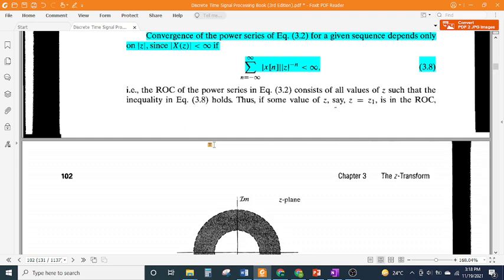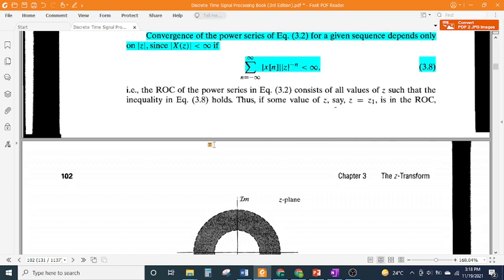As one consequence of this, the ROC will consist of a ring in the z-plane centered about the origin. Its outer boundary will be a circle, or the ROC may extend outward to infinity, and its inner boundary will be a circle, or it may extend inward to include the origin. This is illustrated in Figure 3.2. For specific cases, the inner boundary can extend inward to the origin, and the ROC becomes a disk. For other cases, the outer boundary can extend outward to infinity.